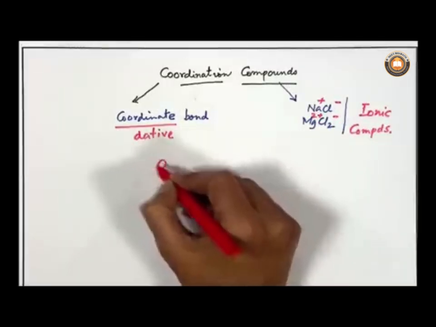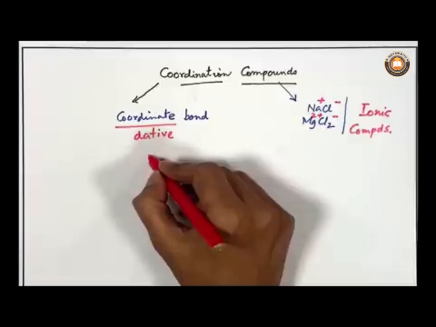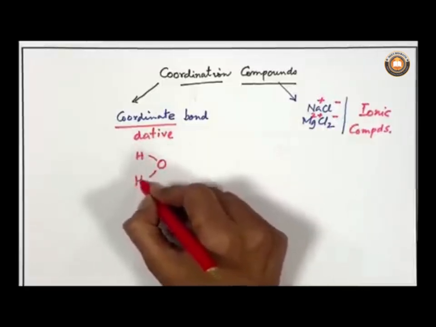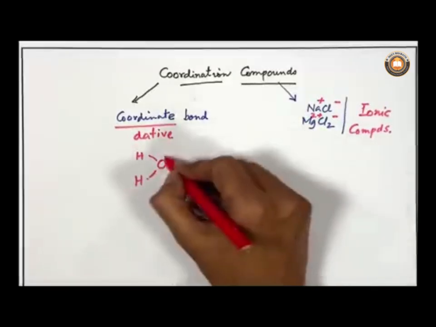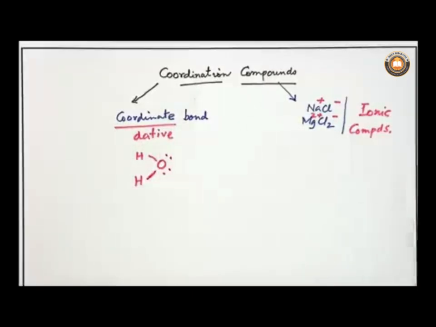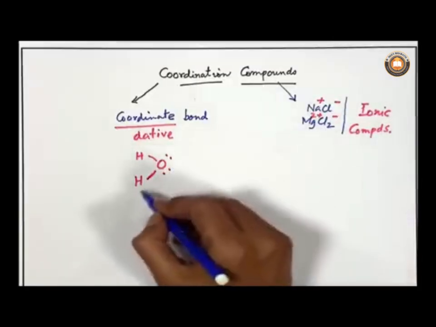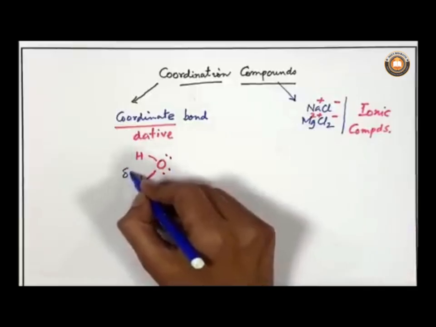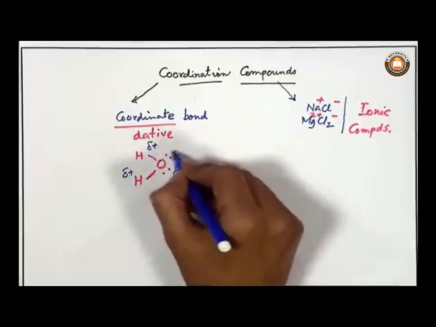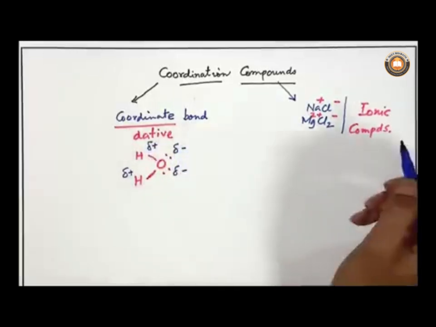A very simple molecule from the very existence of our life is the water molecule. It is a covalent molecule with only partial charge separation: delta plus, delta minus, and delta plus, delta minus.